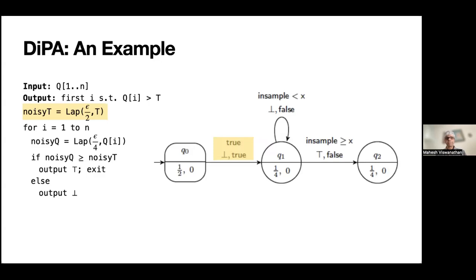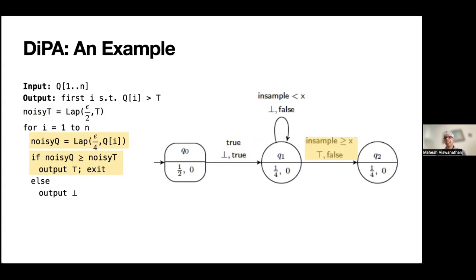Okay. And then in the loop, you're basically reading each real value. So you perturb the input and then you check if the input is larger than the threshold. If it is larger than the threshold, you output top and you terminate.